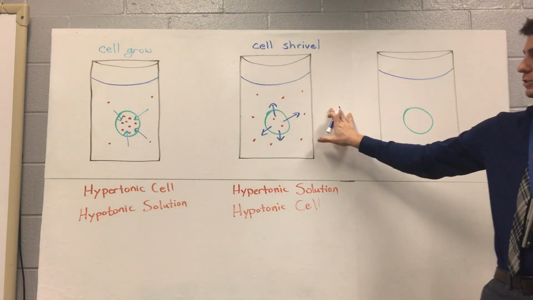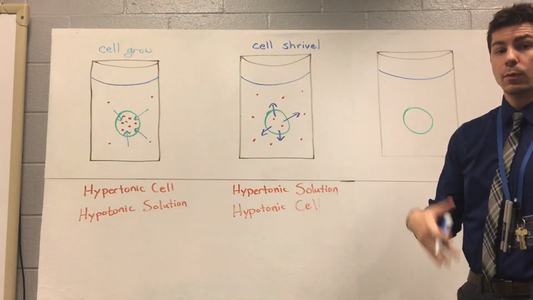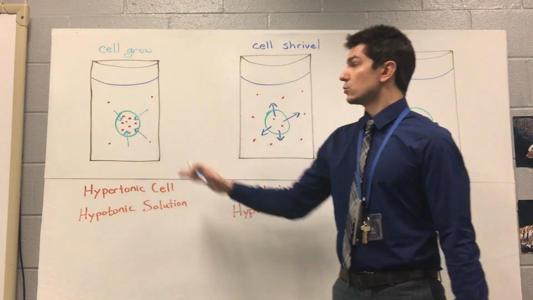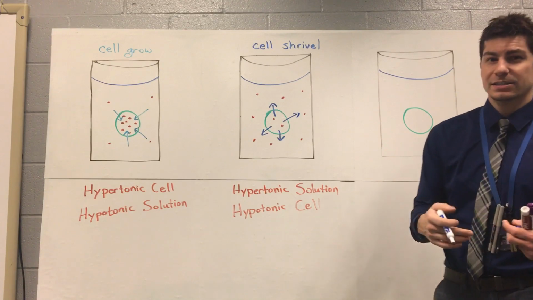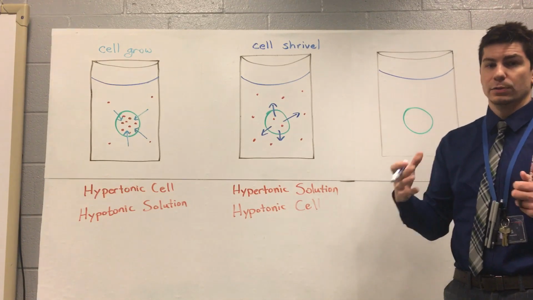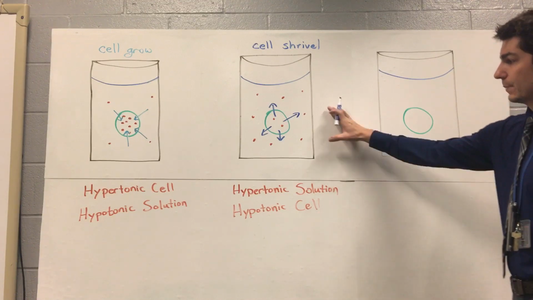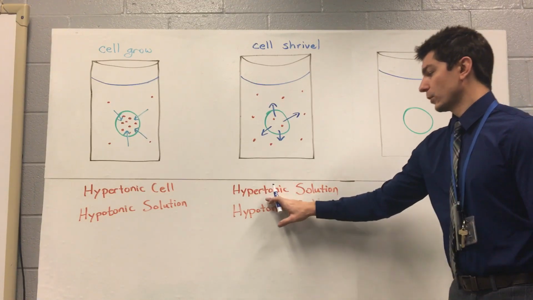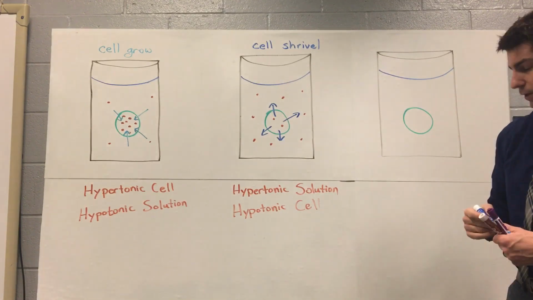A little bit different, exact opposite of what we did in the first example. In the first example, water was going into the cell, it was growing, getting bigger and bigger and bigger, and that could lead to cytolysis, which is the cell getting so big that it literally bursts like a balloon. In this example, exact opposite with our hypertonic solution or hypotonic cell, the cell shrivels, all right?